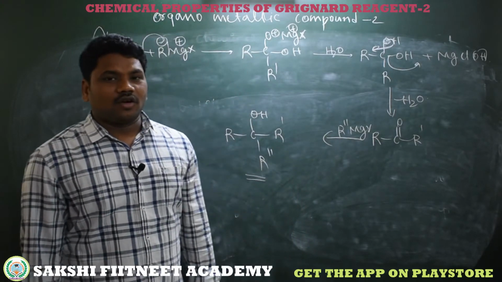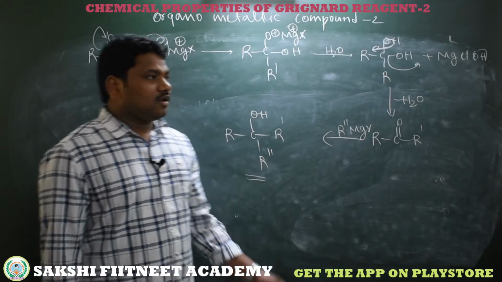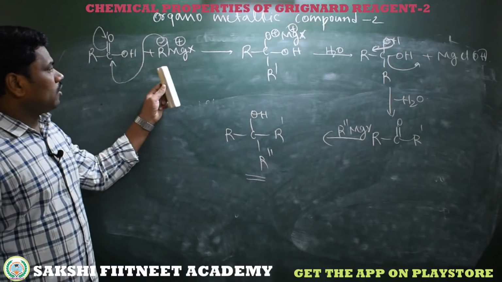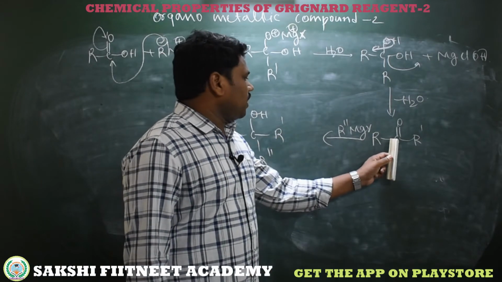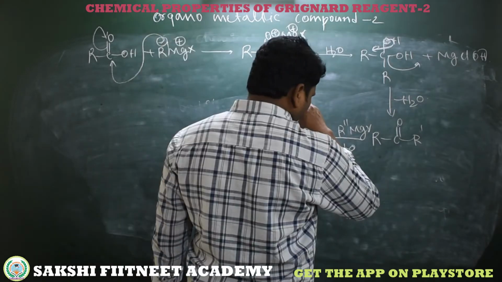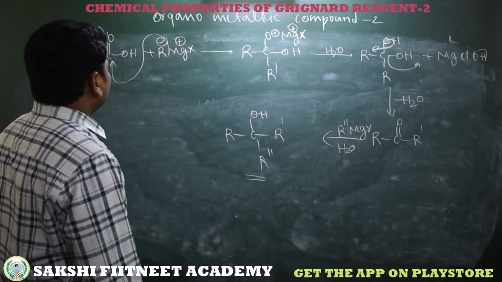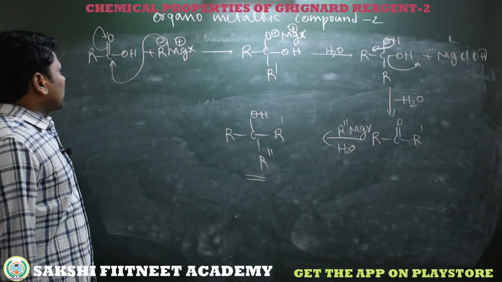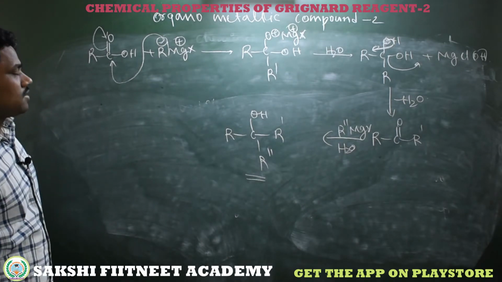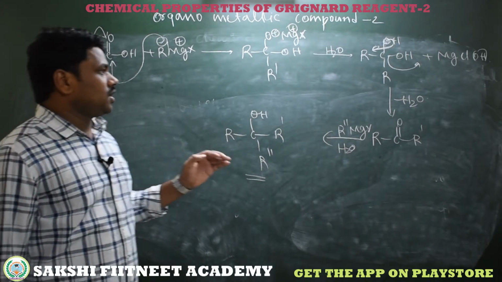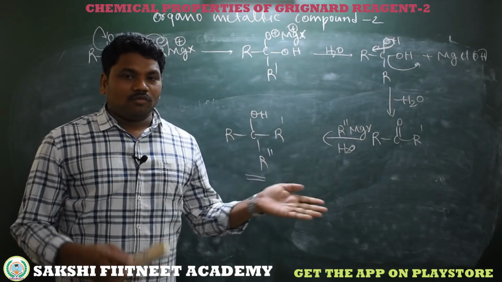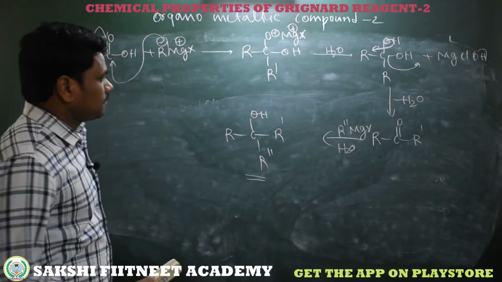Aldehyde reaction with a Grignard reagent gives a secondary alcohol. Carboxylic acid with 1 mole gives ketone. When we are using another mole, it gives tertiary alcohol. So we have discussed 3 functional groups, that is ketone, aldehyde and carboxylic acid. For these 3 functional groups, I will give some examples, then we will move to the remaining functional groups.